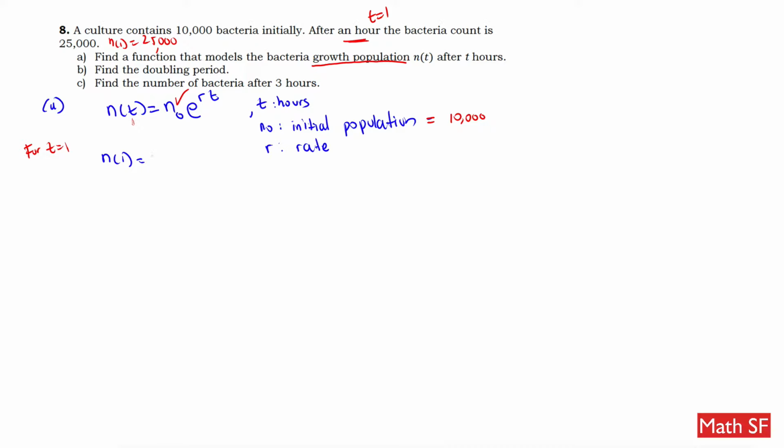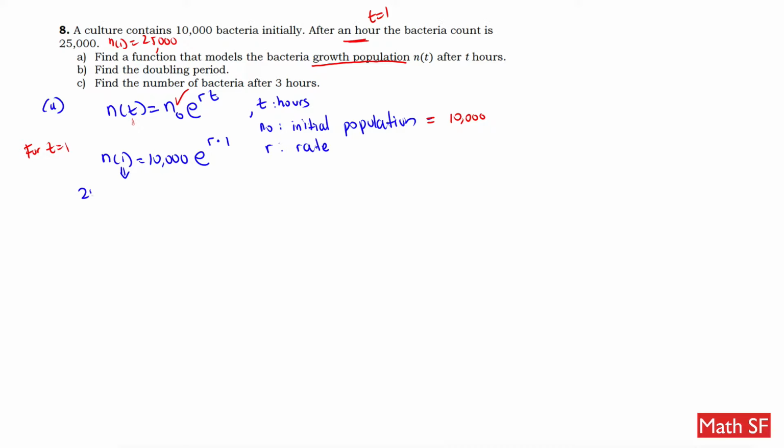So N of 1 is actually 10,000 e to the r, which I don't have, so I'm going to look for r, times the time, 1. So what is N of 1? They gave us 25,000.